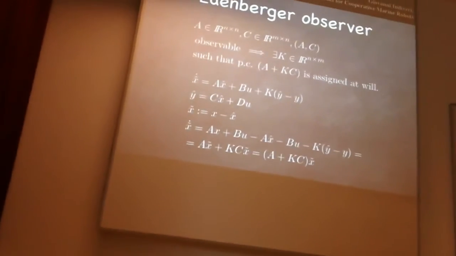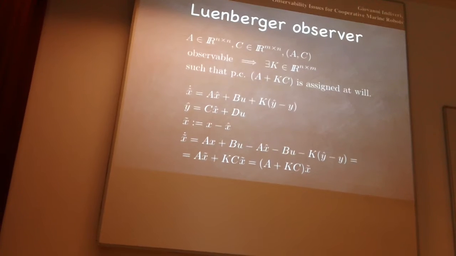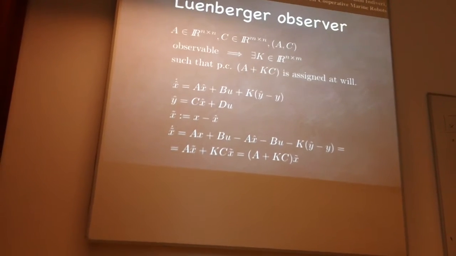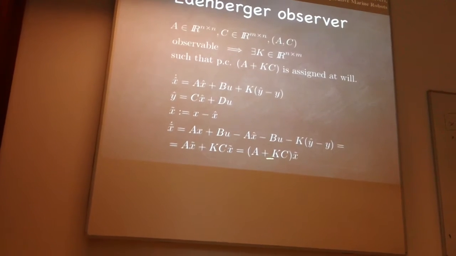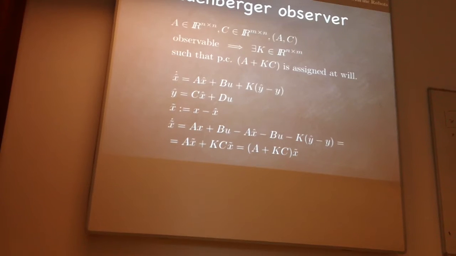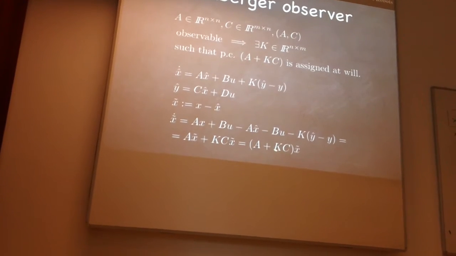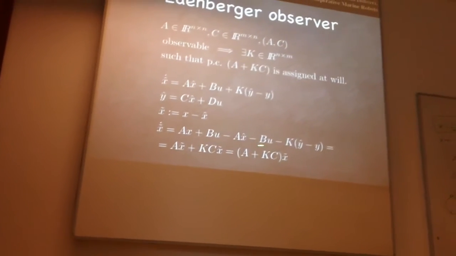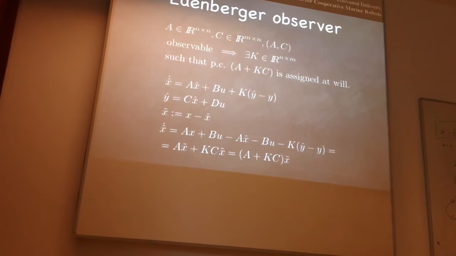Now what Kalman and the other researchers working on state space approaches have proven is that if the pair A, C is observable, then you can always choose a matrix K such that the eigenvalues of this matrix, A plus KC, are assigned at will.